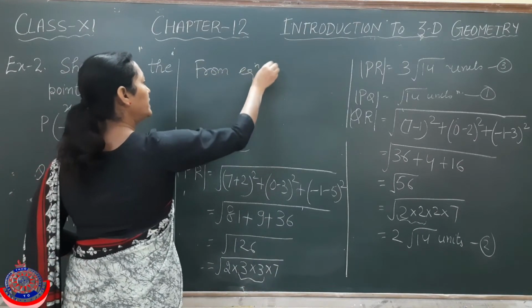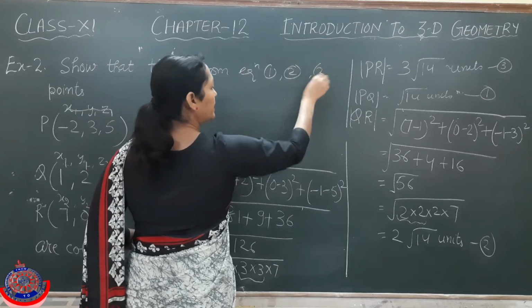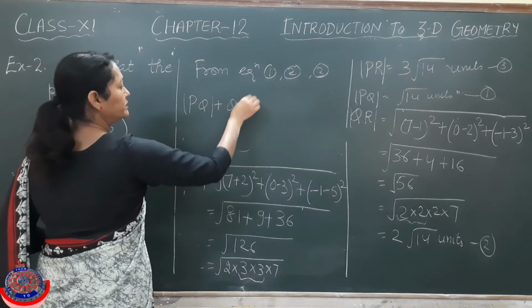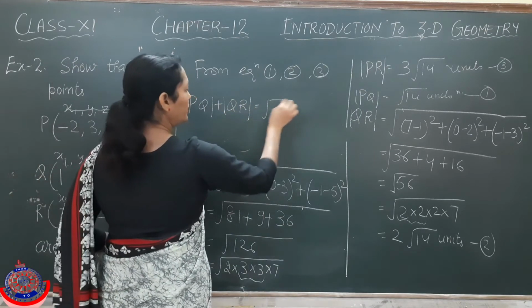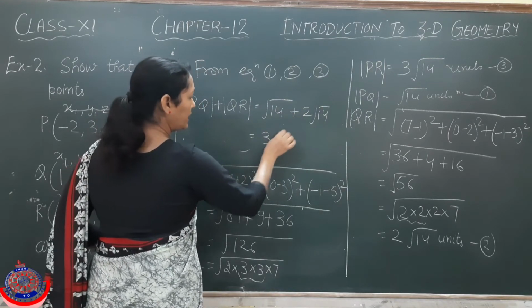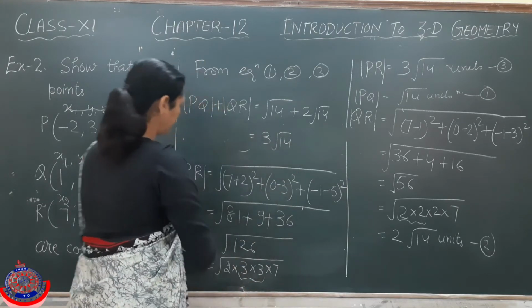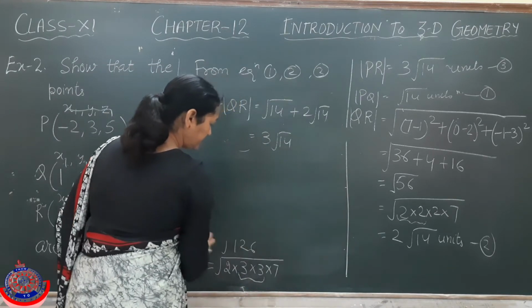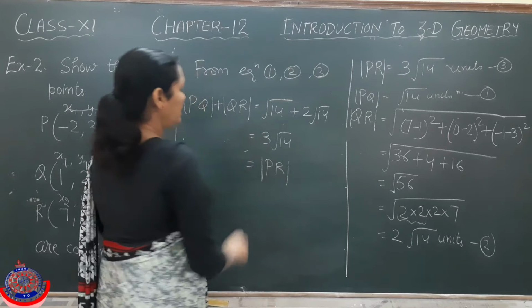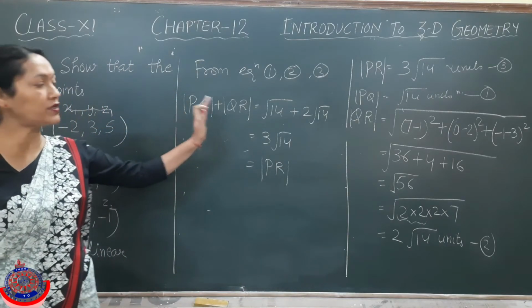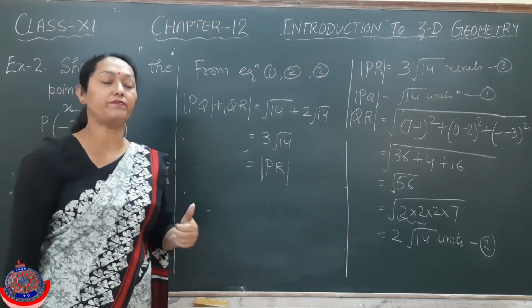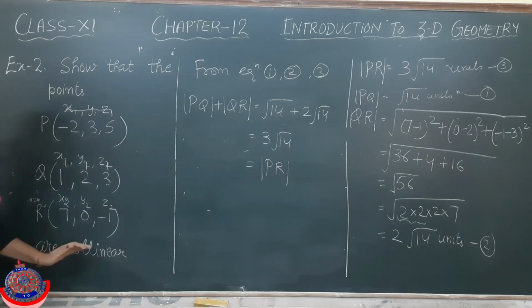From equation 1, 2 and 3, PQ plus QR, that is root 14 plus 2 times root 14, gives us 3 root 14. And what is 3 root 14? That we have obtained as PR. So ultimately what we have got, PQ plus QR is equal to PR. It shows that the 3 points are lying on the line. So points P, Q and R are collinear.